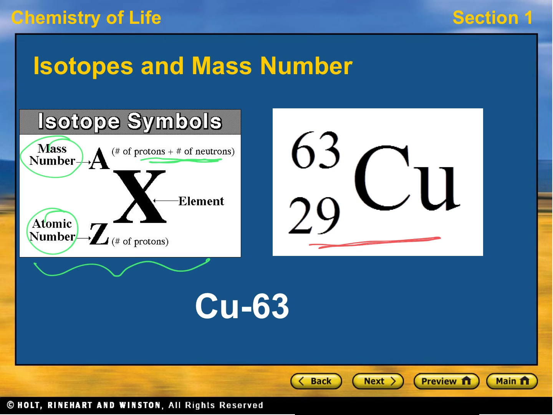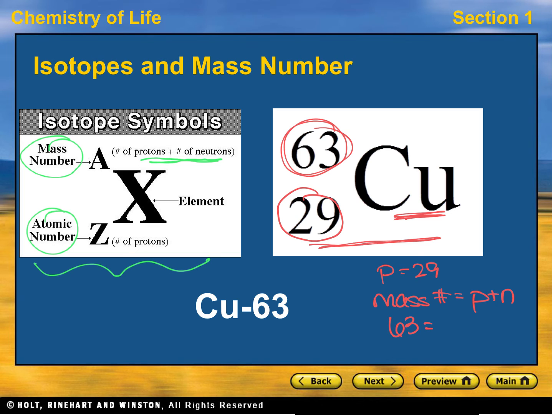An example of this is going to look something like this right here. This element here is copper. That's what the element Cu is. Copper also has 29 protons, so I can say that protons are equal to 29. My mass number is 63, so if you remember, mass number equals protons plus neutrons. From this alone, I know that my mass number is 63.